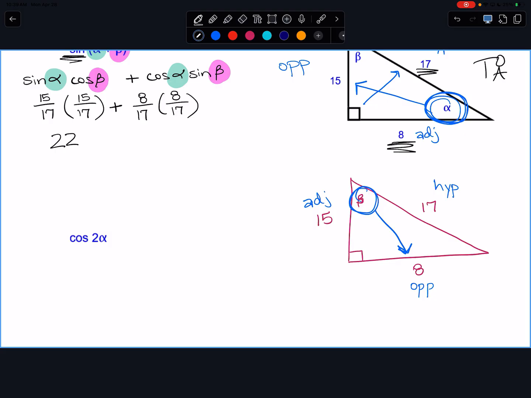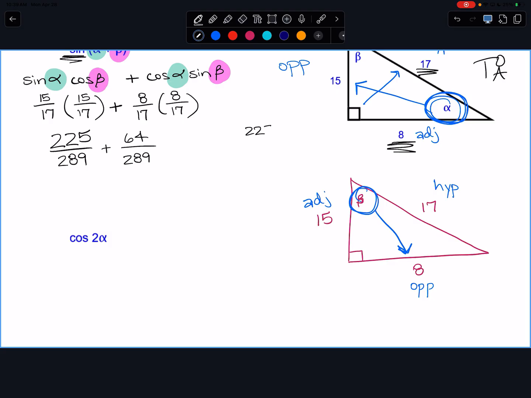All right, what's 15 times 15? 225. 17 times 17? 289. You all need to learn your perfect squares. I can't stress that enough. All right, plus 8 times 8. 64 over 289. You're adding fractions. They have the same denominator, which is good.